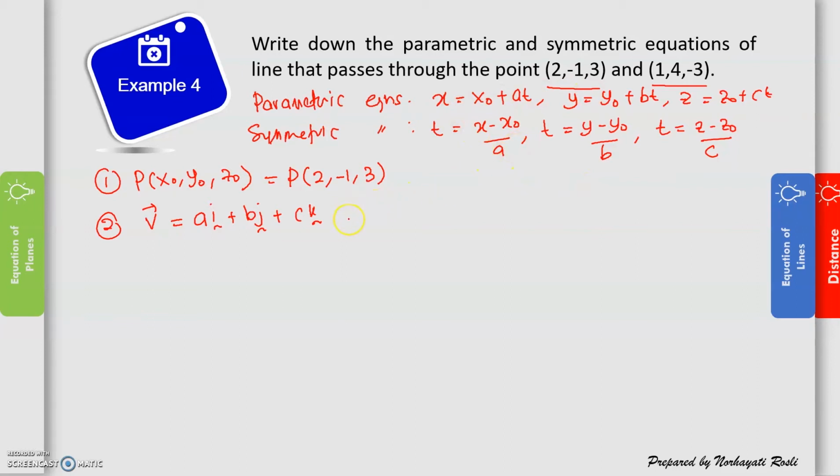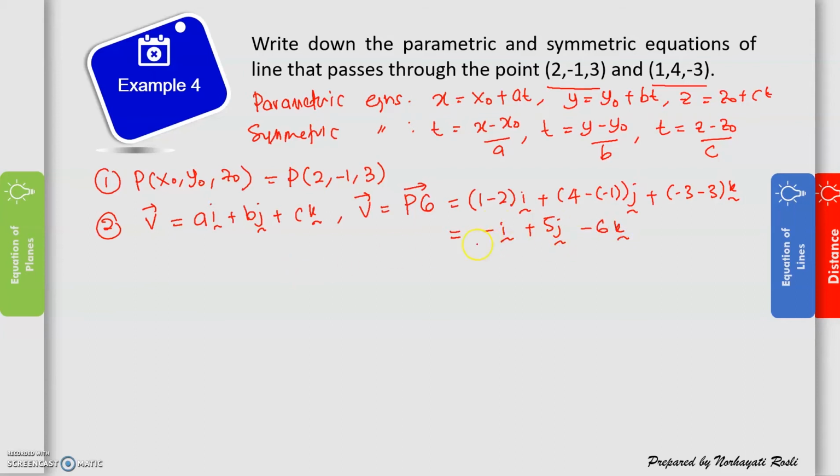Our v can be computed as the second point minus the first point. So we have (1 - 2)i plus (4 - (-1))j plus (-3 - 3)k. So we have negative i plus 5j minus 6k.